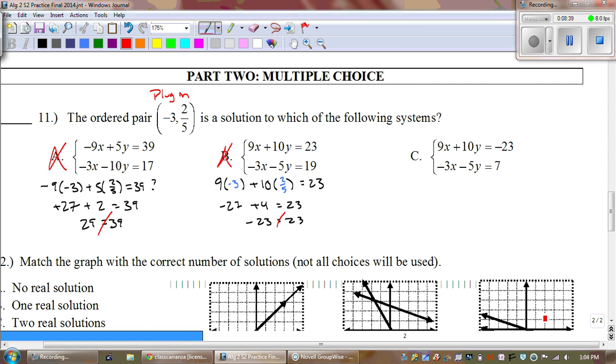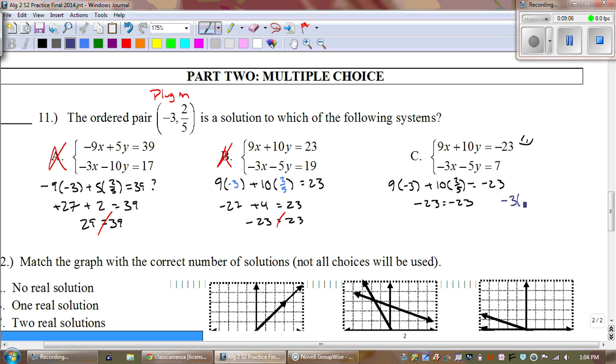So hopefully C is the right answer, but let's double check. Now, if you notice that equation, 9x plus 10y equals -23, isn't that what we just did on the other one? The exact same? And we got -23 equals -23, so we're good. I'm not going to do all that work again. I've already done it. Let's look at the next one.